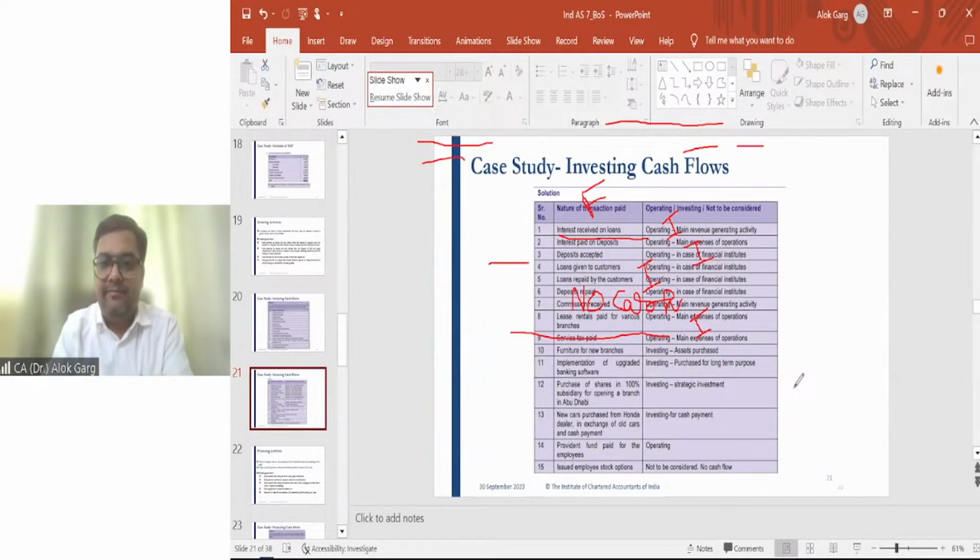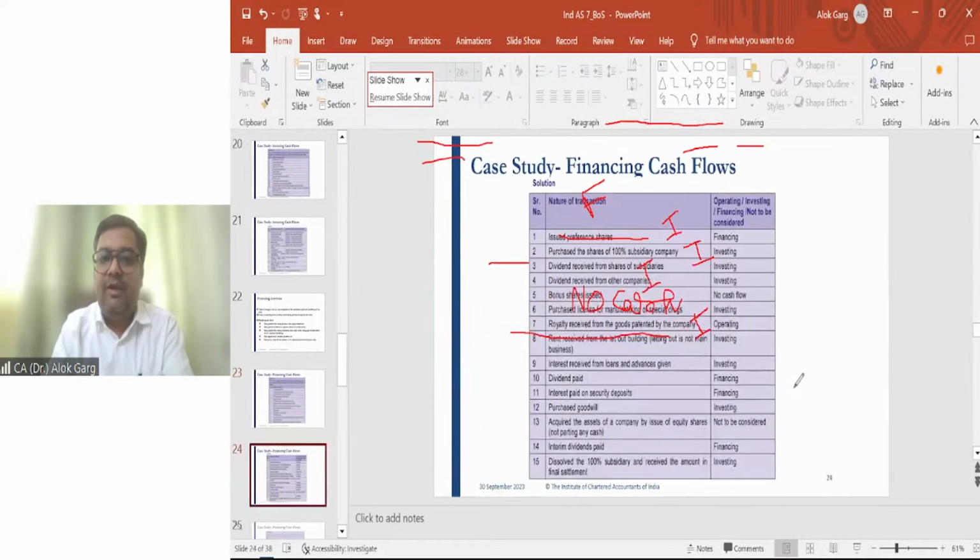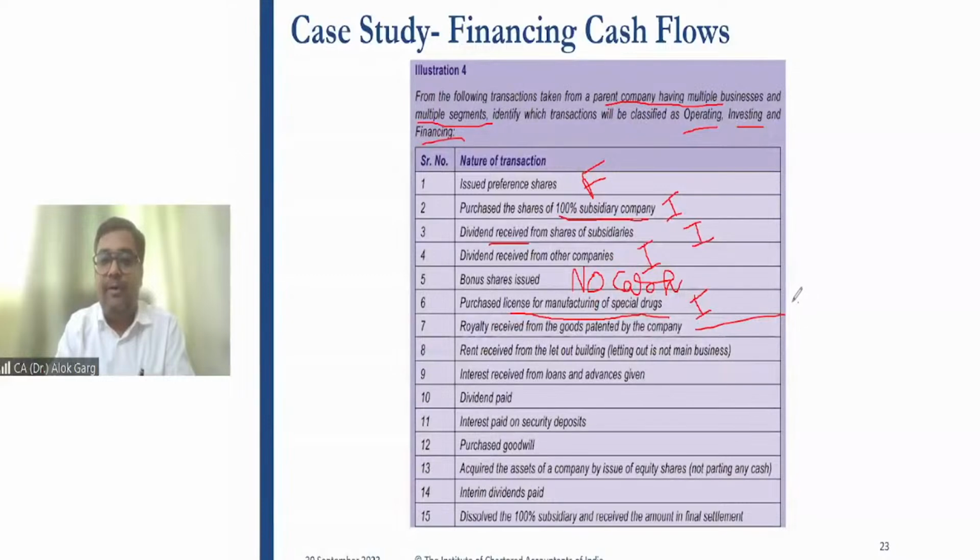So the company is giving a right to use the company's product to others. So the royalty is your operating activity. It is operating.